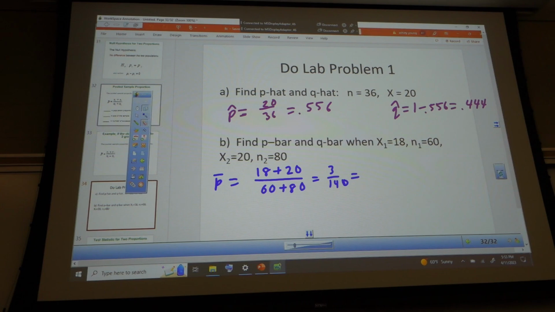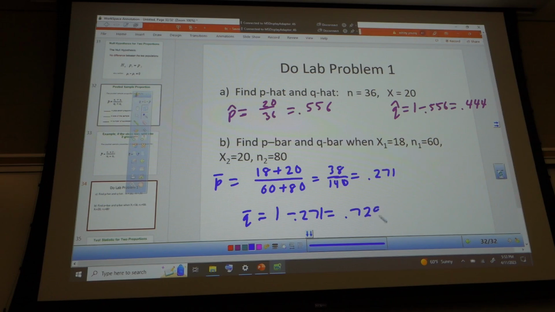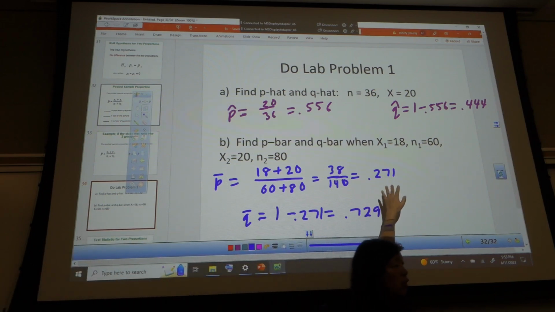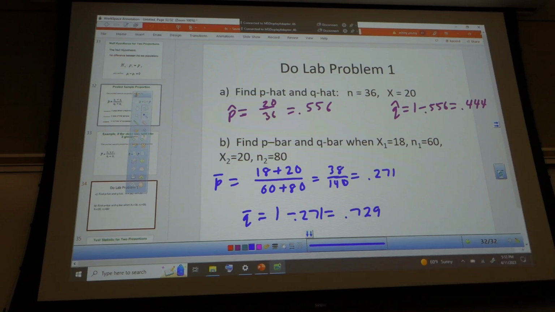And you ended up with 0.271. Great. So then your Q bar would be 1 minus 0.271, or 0.729. And again, I do want 3 sig figs on all of your proportions.